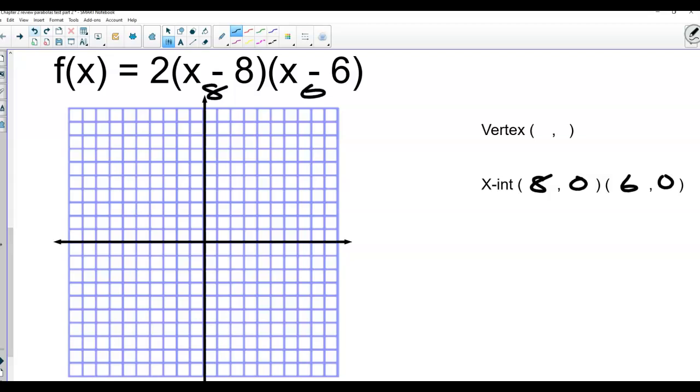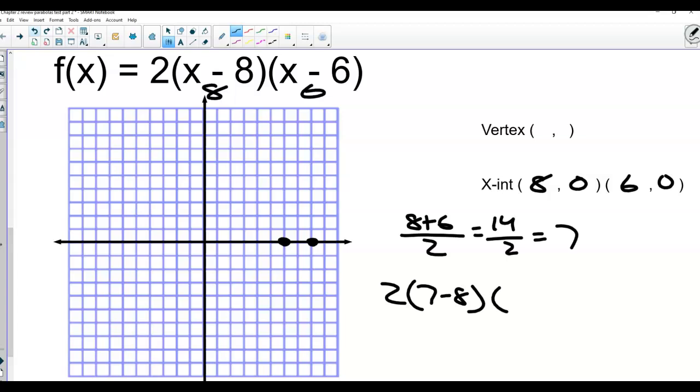Right away, I'm going to plot them. 1, 2, 3, 4, 5, 6, 7, 8. My vertex, the x-coordinate is going to be an average of the x's. So it's 7. And then I plug that 7 in. 7 minus 8, 7 minus 6. 2 times -1 times 1 is a -2.